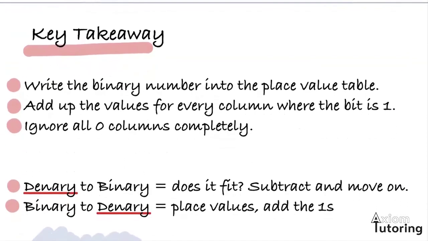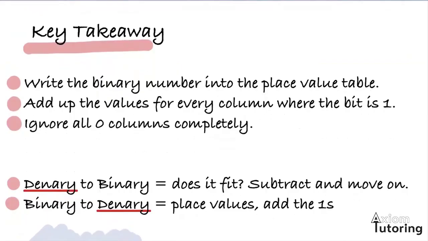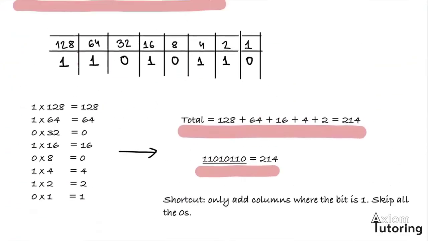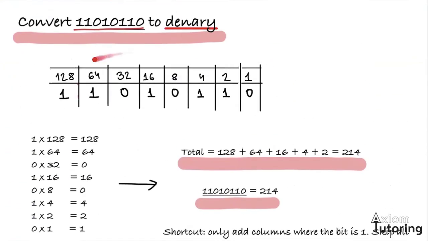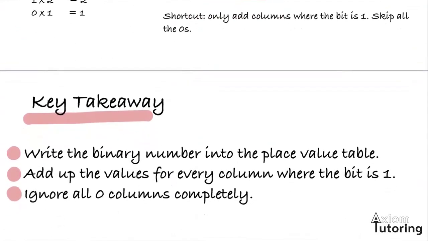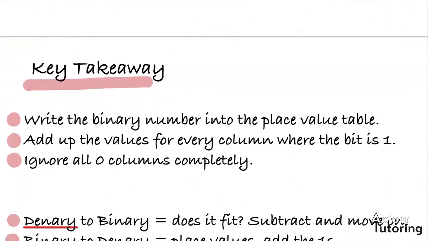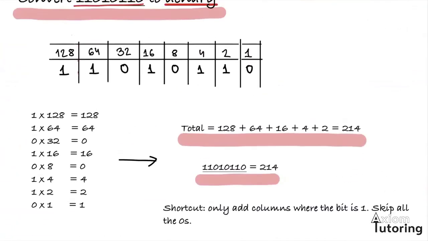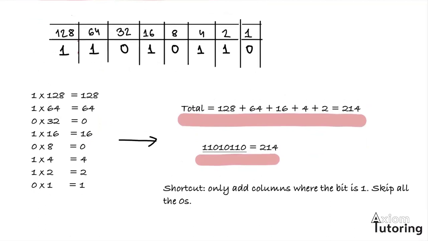Now here are some key takeaways from this video. First is that you write the binary number into the place value table. So just like in this example that we have here, you add the column values wherever the bit is 1. So as we've shown before, you add all of these results, and you ignore all of the columns where the bit is 0.